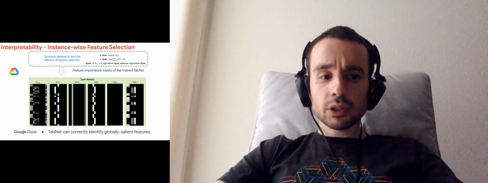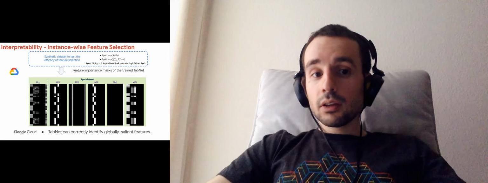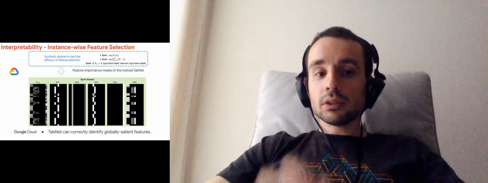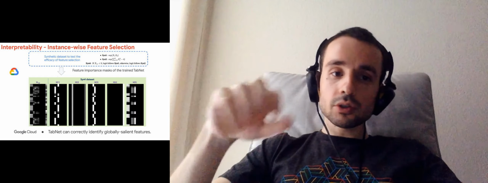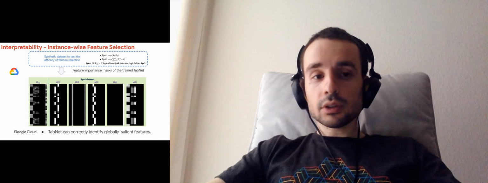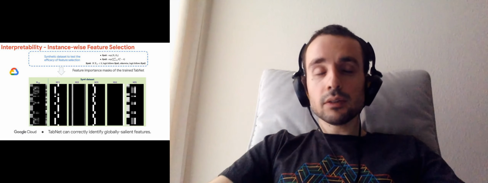And this is even more interesting on this synthetic dataset, where we have this last feature, and based on the value of this last feature, either the first 2 features or the next 4 features are selected, and these 4 features are irrelevant.